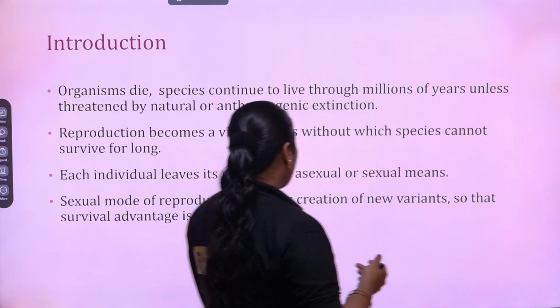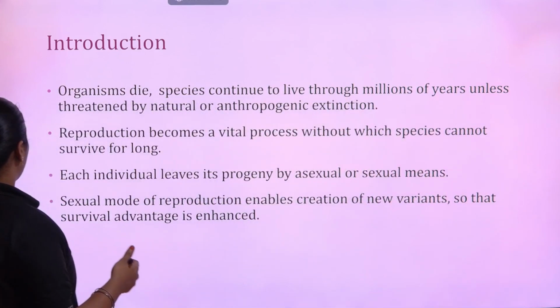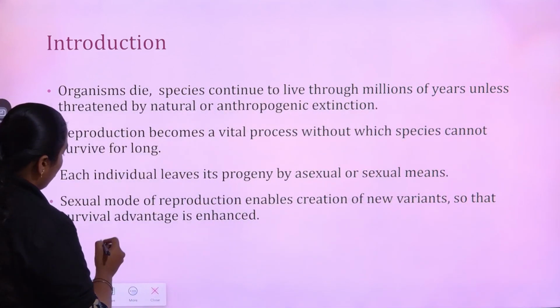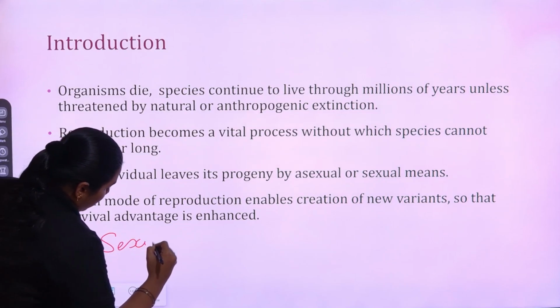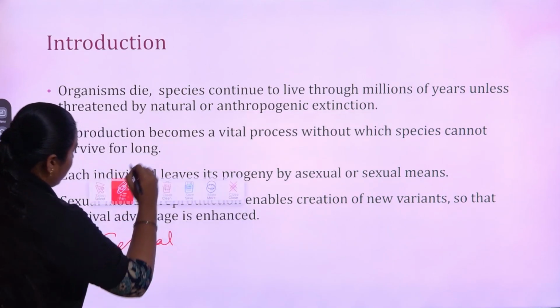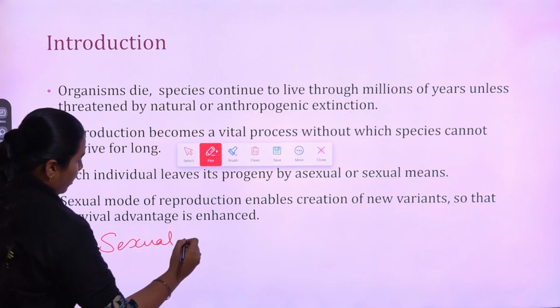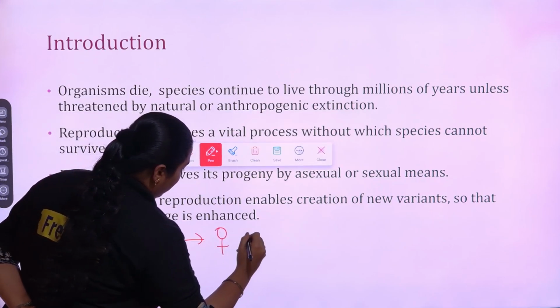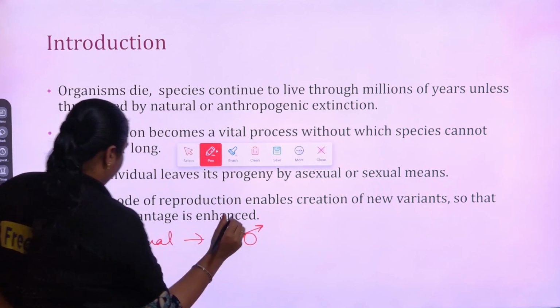Next, the sexual mode. There are two methods we have just mentioned. One is sexual. In sexual reproduction, what is the uniqueness you should understand? Both male and female are involved.